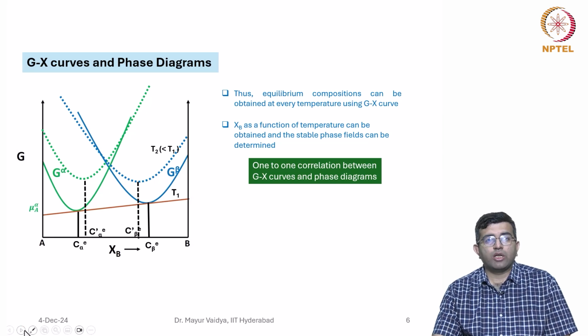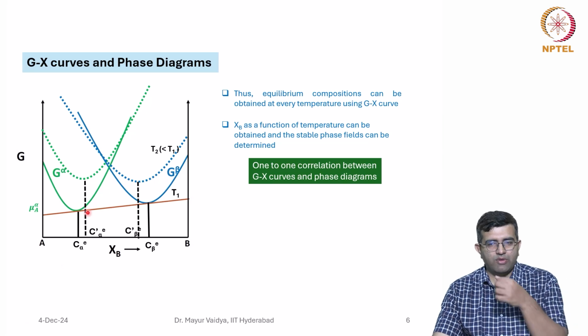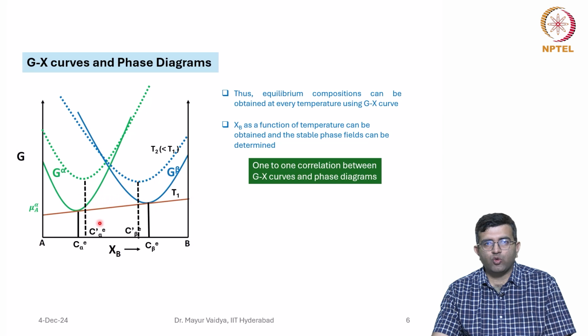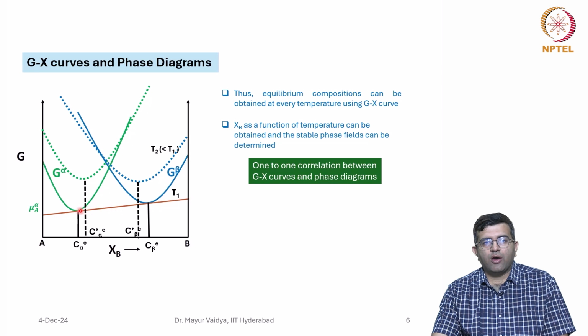Additionally, what is also interesting to note is that in the previous slide we said that if you draw a common tangent, then wherever it intersects the A axis, it will give the chemical potential of A in that particular phase. Now, observe this region carefully, where two phases are existing. This tangent is a common tangent to the alpha and beta curves.